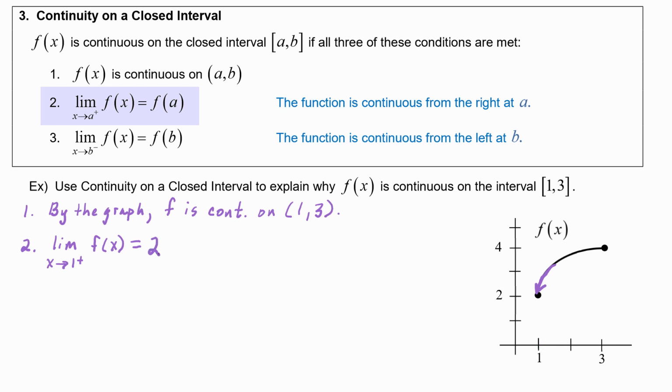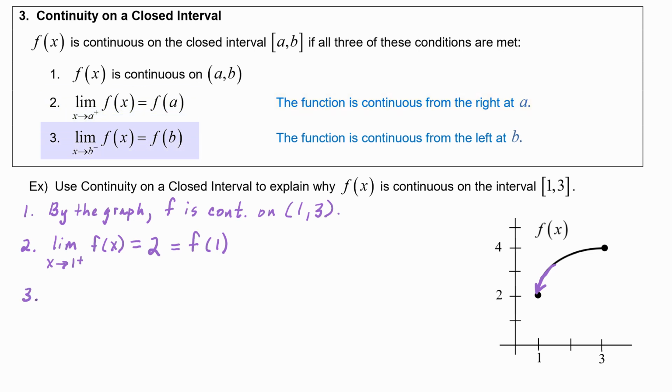Now we also have to evaluate f of 1, and we see that f of 1 has a point at a y value of 2, so this is equal to f of 1. So we have satisfied step 2 of this definition. And we have shown that f is continuous from the right at x equals 1.